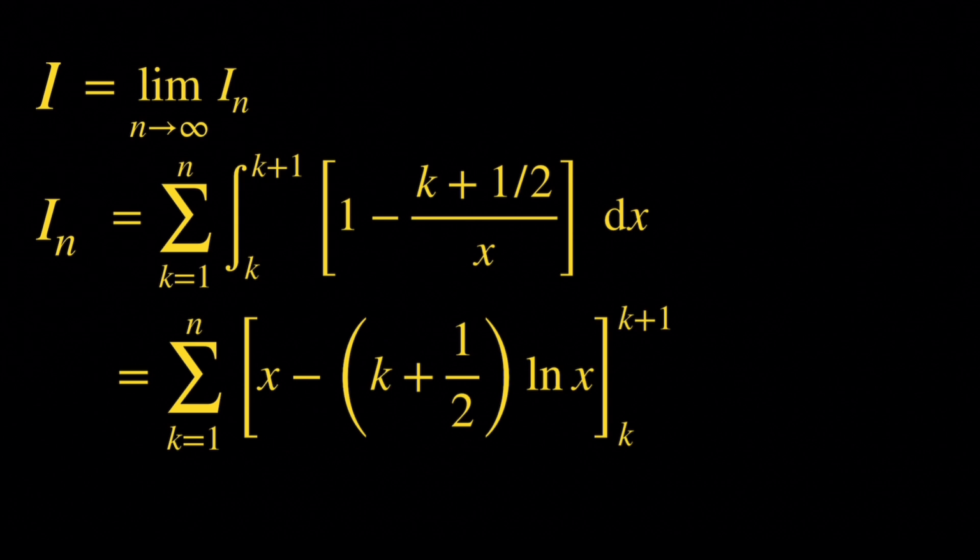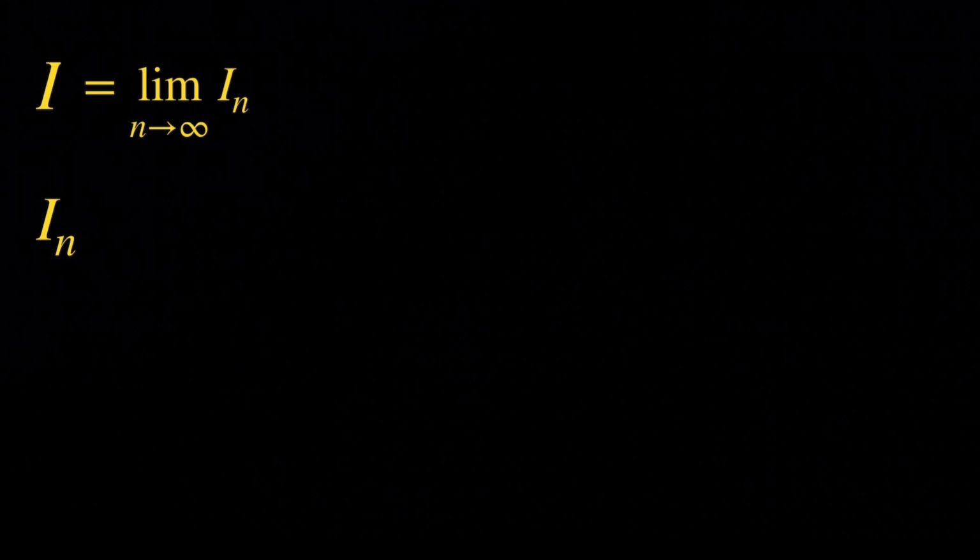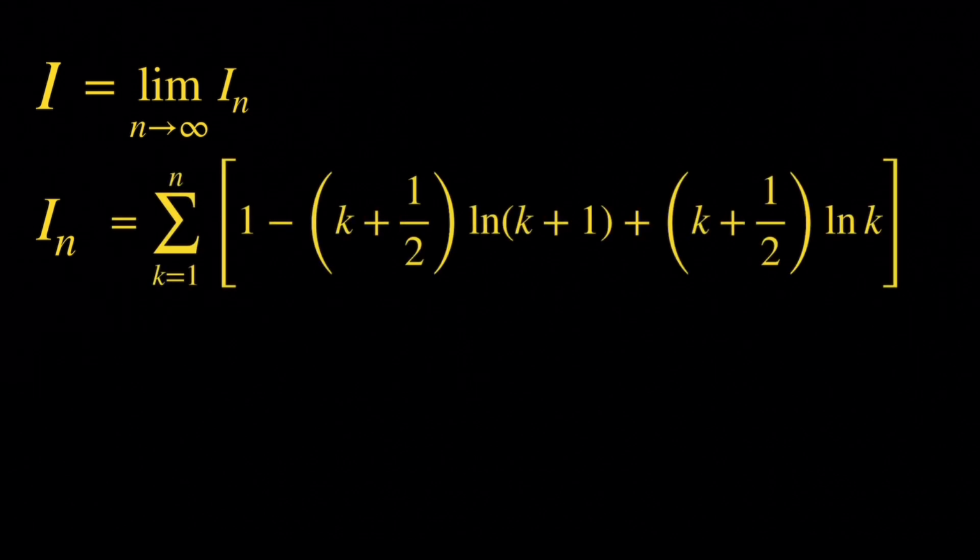So now we just need to evaluate. As we evaluate, we get the following sum: the sum as k goes from 1 to n of 1 minus k plus 1 half times natural log of k plus 1, plus k plus 1 half times natural log of k.